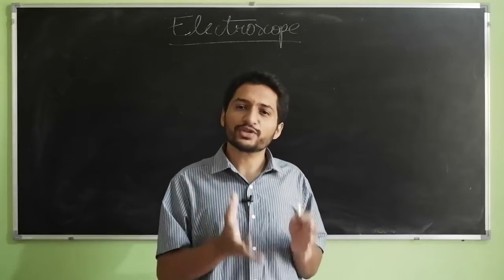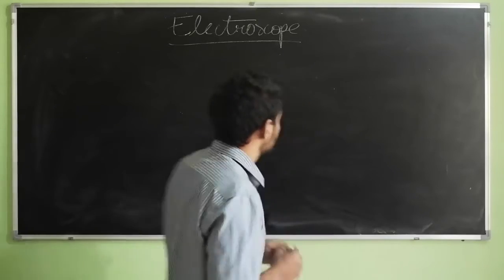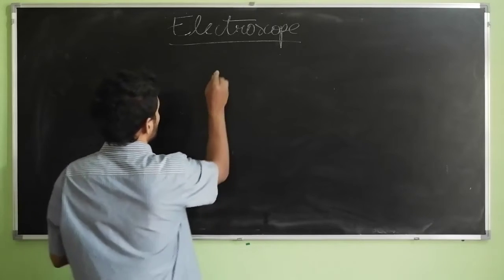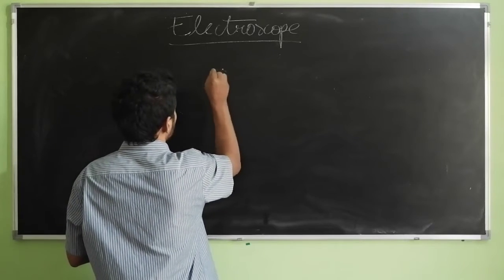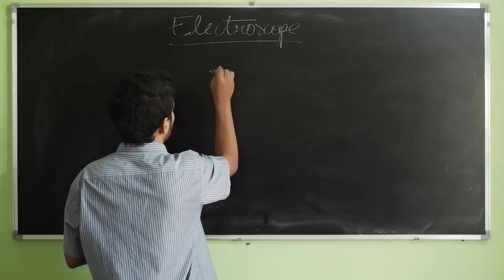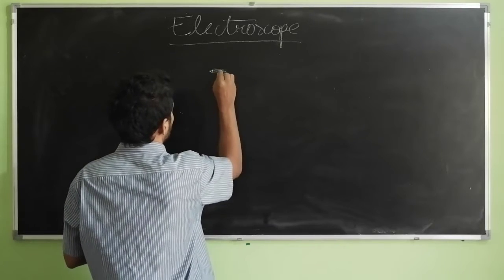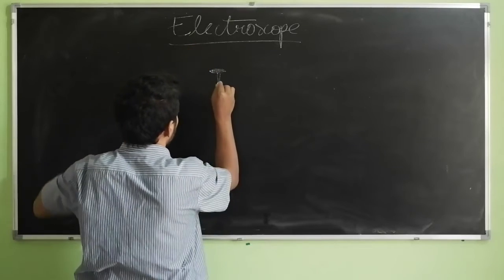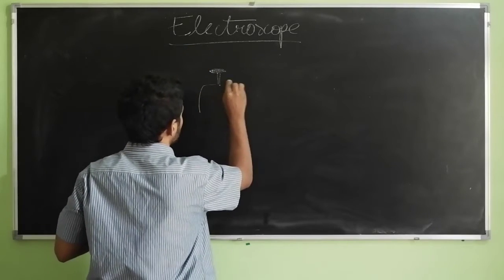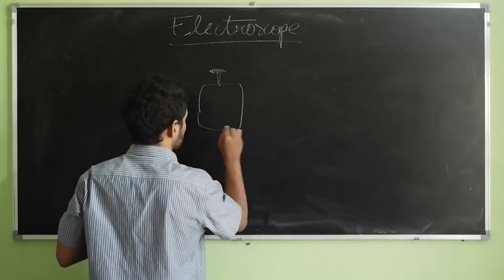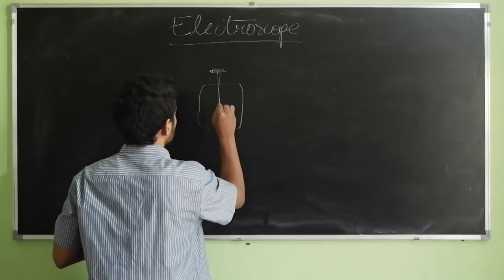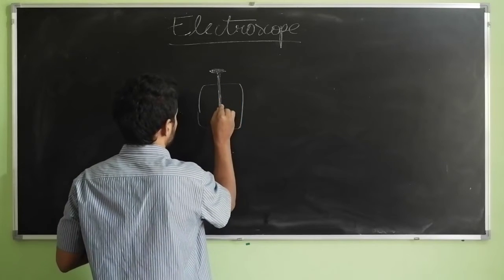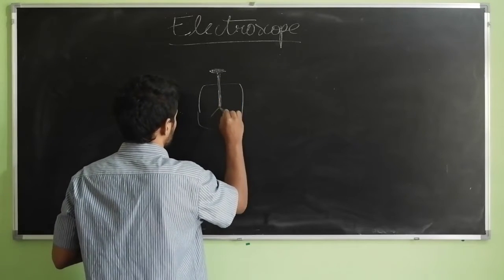Now let's see what actually makes the electroscope work. Let's look inside the electroscope. What is the structure of an electroscope? Here there is a metal ball; in my case I had a metal wire on the top, then there is a glass jar, then this metal rod, which has foils at its end.